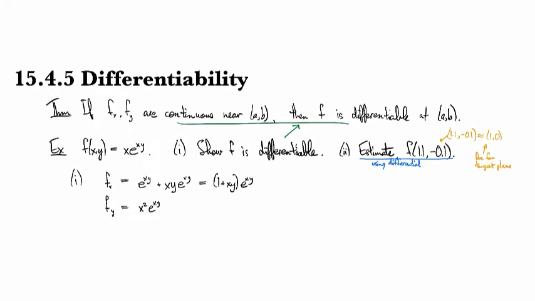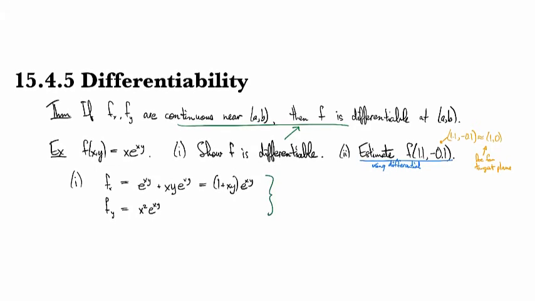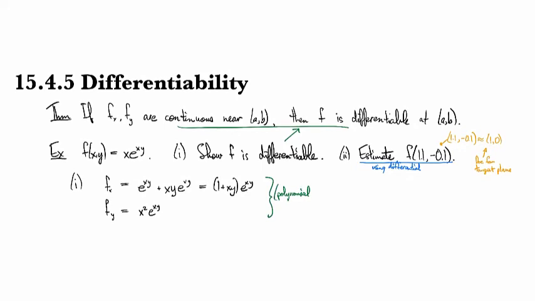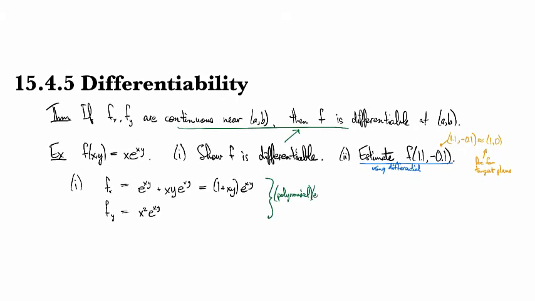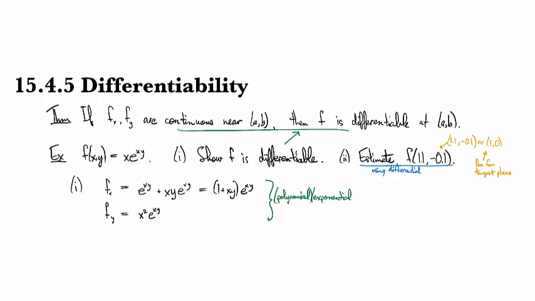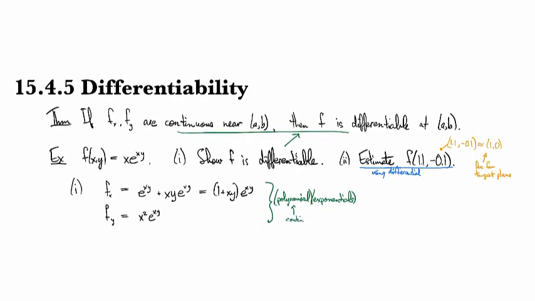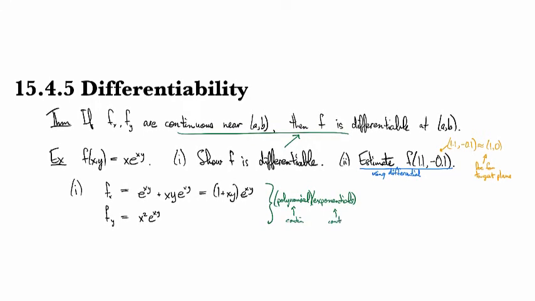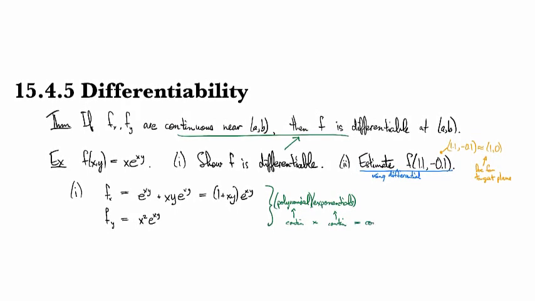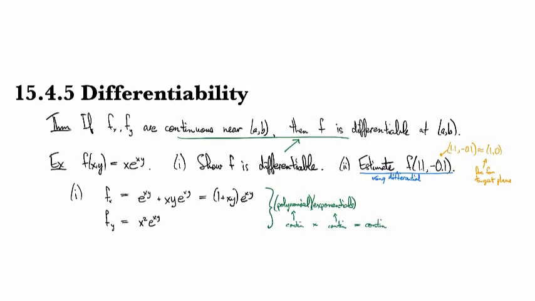Okay, so these functions are products of polynomials times exponential functions. And so polynomials are continuous and exponentials are continuous, and the product of continuous functions is continuous. So these guys are all very continuous functions.